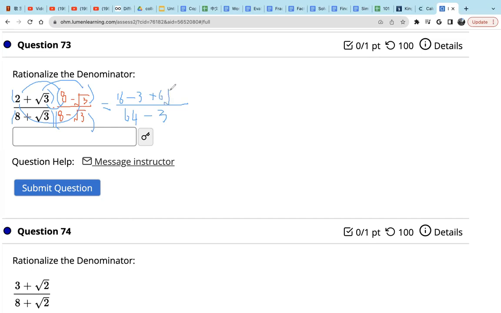Because 8 radical 3 minus 2 radical 3 gives us 6 radical 3. 64 minus 3, that's 61 in the denominator. 16 minus 3, that's 13. So our simplified answer should be written here, 13 plus 6 radical 3 divided by 61.